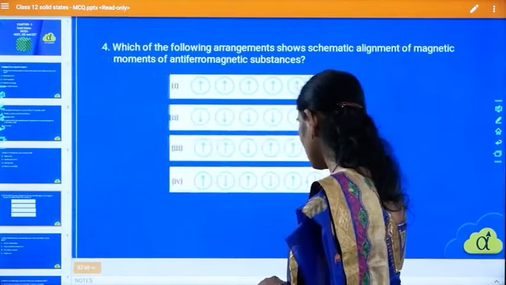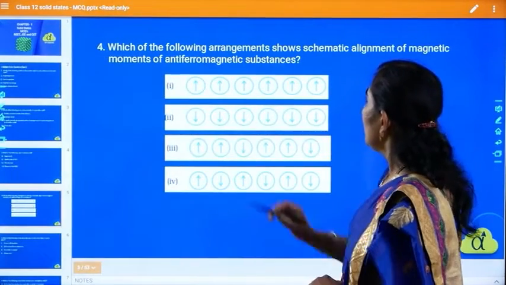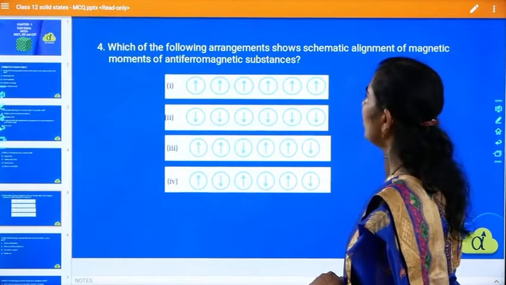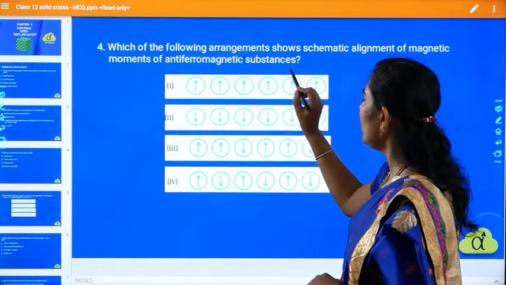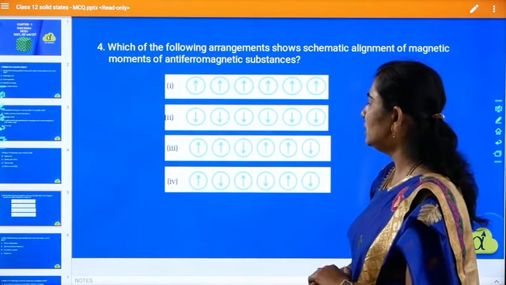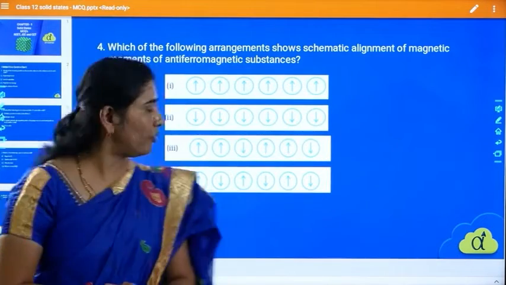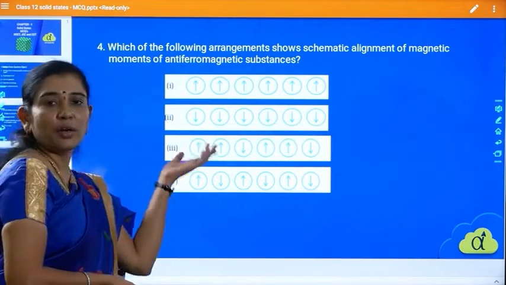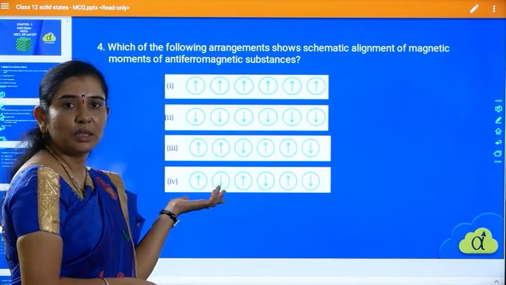Now, the next question I'm going to take up. Which of the following arrangements shows the schematic alignment of magnetic moment of antiferromagnetic substances? Please look here. What is the characteristic of antiferromagnetic substances?